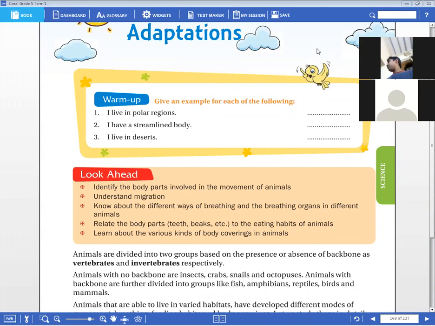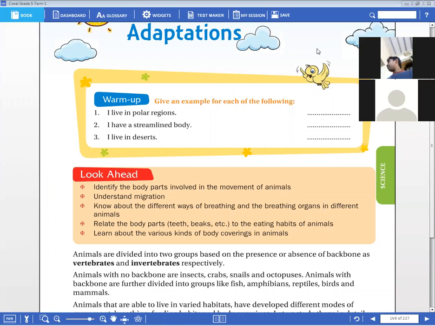Have you written it, children? Invertebrates. Respectively.